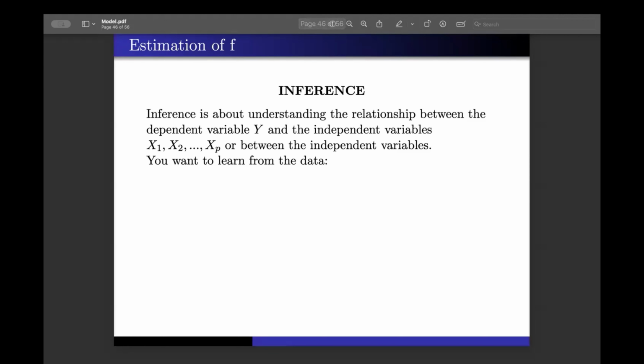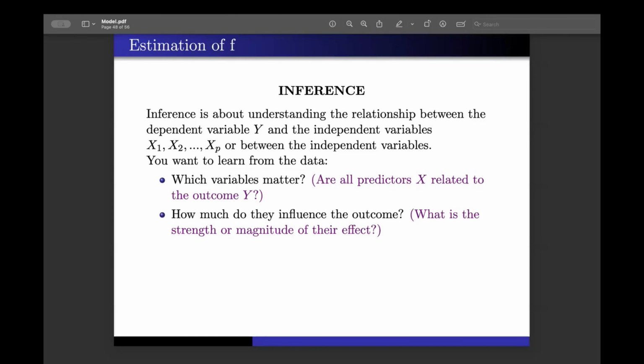Given any data set, once you identify the dependent variable and the independent variables, the next question you would ask is, are all the independent variables present in the data set actually influencing the dependent variable? Because sometimes these independent variables might not be related to the dependent variable and might be present in the data set. So the first question you would ask is, which variables matter?